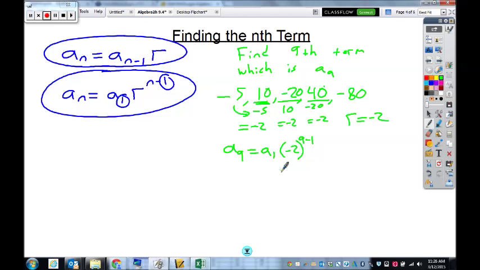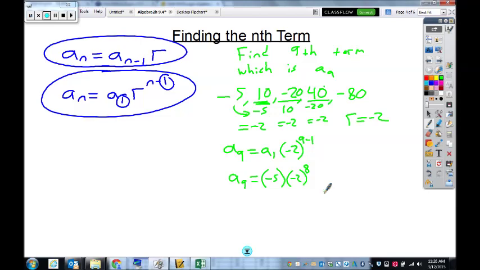Well, a sub 9, I don't know what that is yet, equals a sub 1 is negative 5, negative 2 to the n minus 1 is 8. So I have negative 2 to the 8th power. Well, 8's an even number, so I know negative 2 is going to come out to be positive.